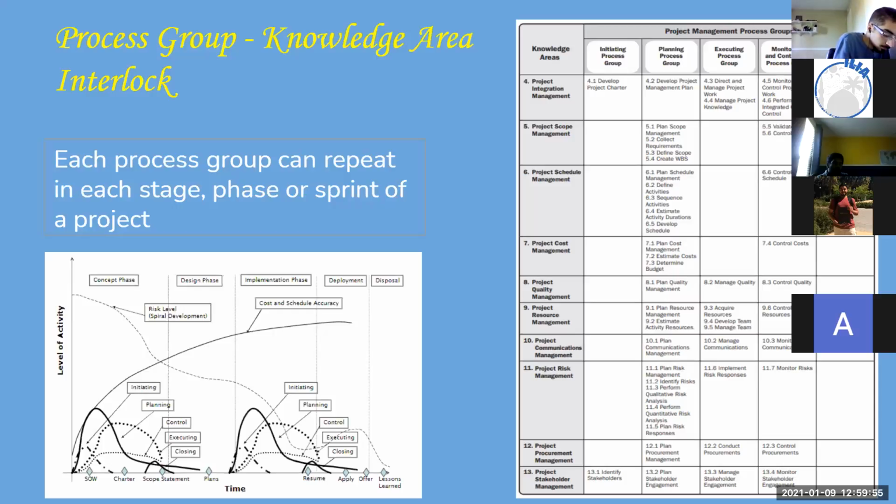Yeah. So general is more like overall. Project management is a bit more specific. That's why we end up talking about the concept phase, initiating and planning and stuff like that, and design as well. I mean, is control and executing part of the design phase?